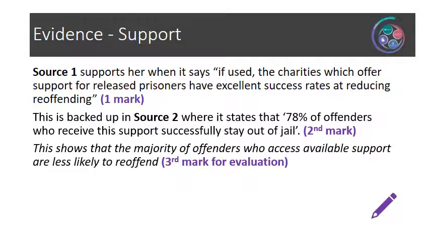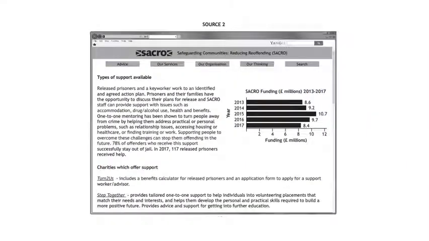You may also get extra marks for evaluation, something that reads a little bit as follows. This shows that the majority of offenders who access available support are less likely to reoffend. We then want to go back into the sources to find information to help us support the view of Ivy Jackson. In this case, we're looking at source 2.